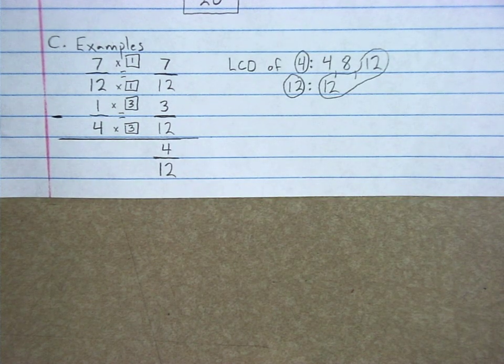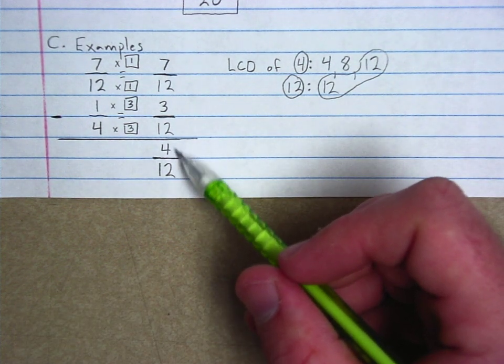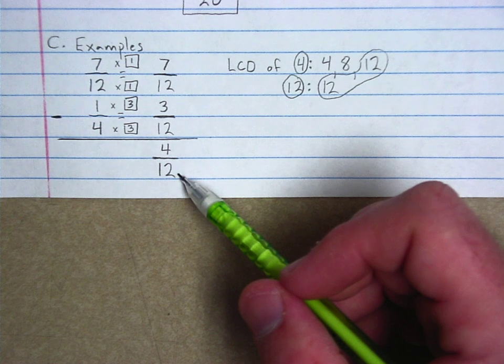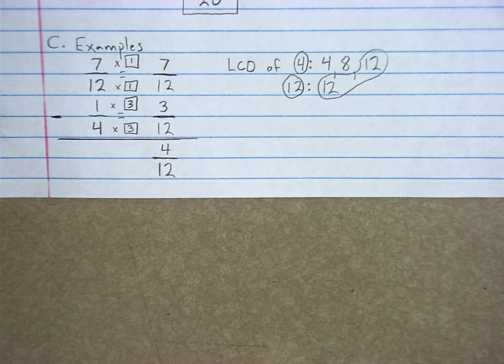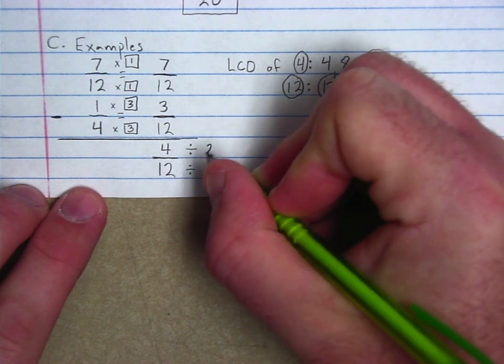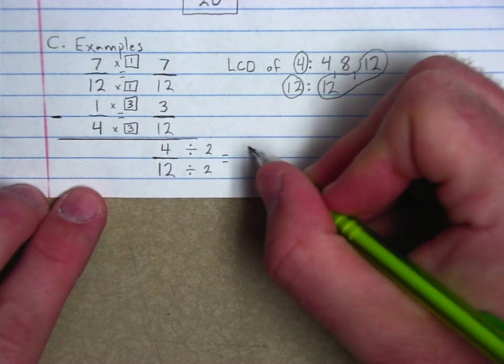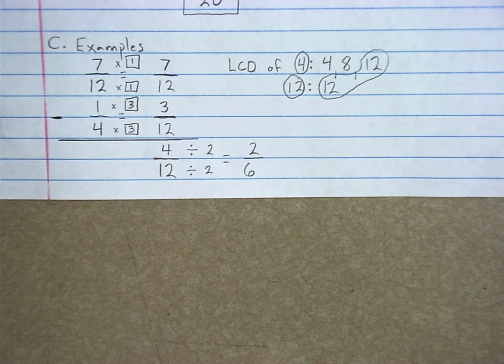Now, for this one, 4/12, I do want to check and see if it can be simplified. 4 and 12. Well, they're both even numbers, which means I can very easily divide them both by 2. That gives me 2/6.